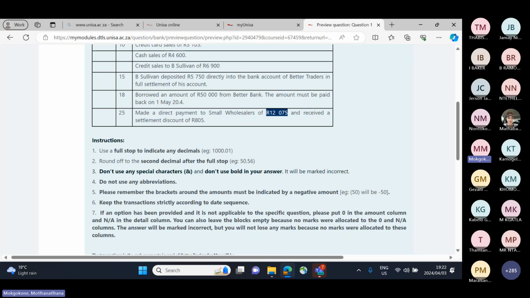Because you claimed VAT input on 12,075, now you must pay VAT output on the settlement discount granted, because actually you paid the creditor 11,270.